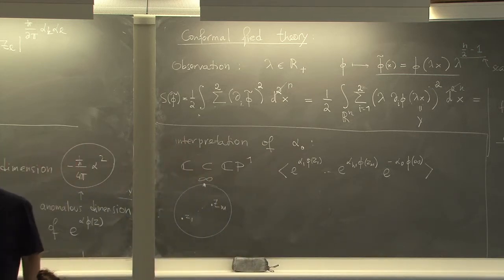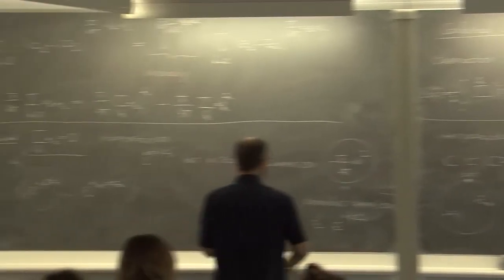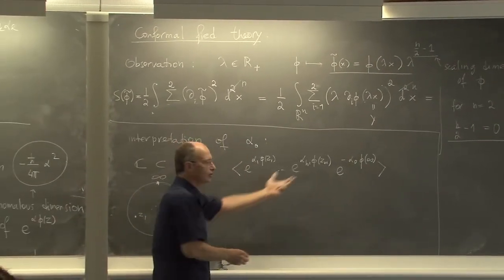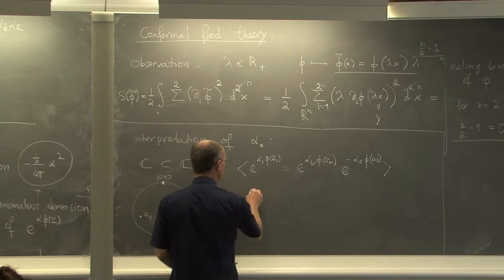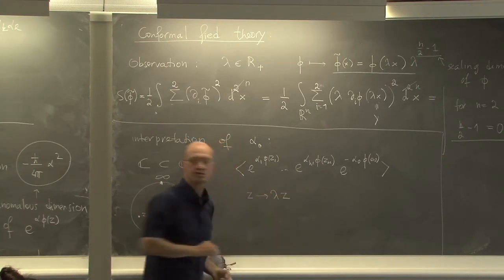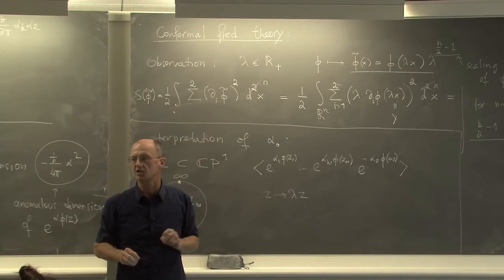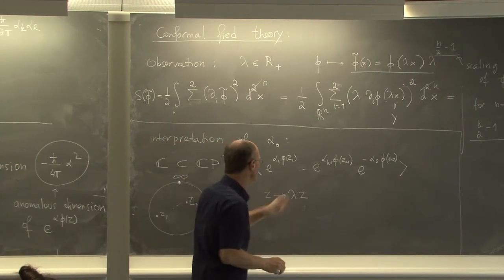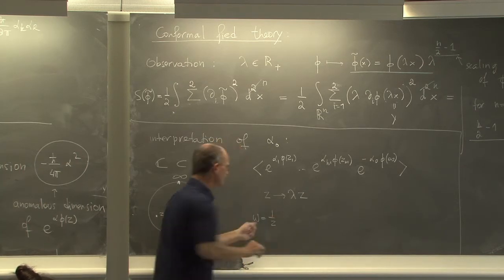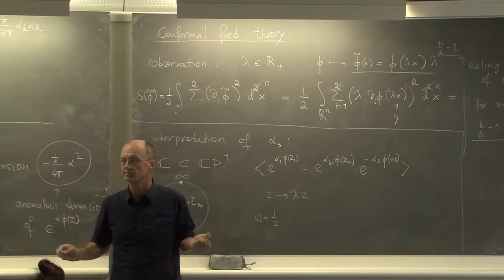So why infinity? That's because how does it work in complex analysis when you want to consider the neighborhood of infinity? So we have a transformation, z goes to lambda z, right? We have a scaling, z goes to lambda z. So if you want to look at the neighborhood of infinity, we should introduce a new variable, for instance, 1 over z, right?